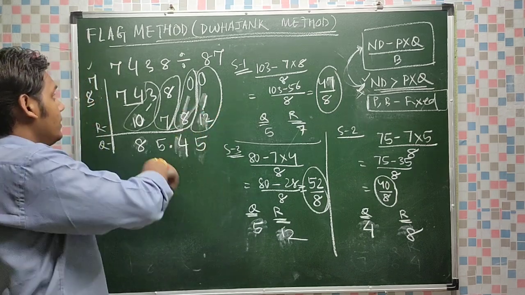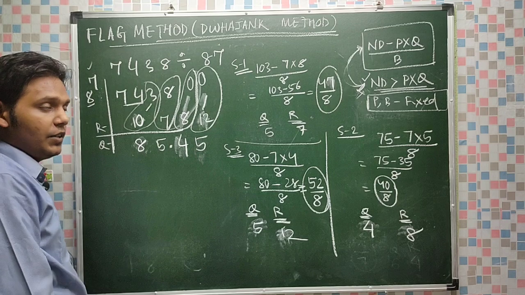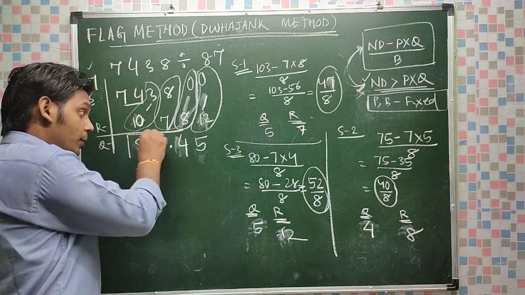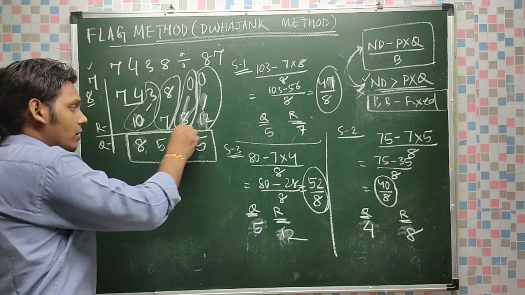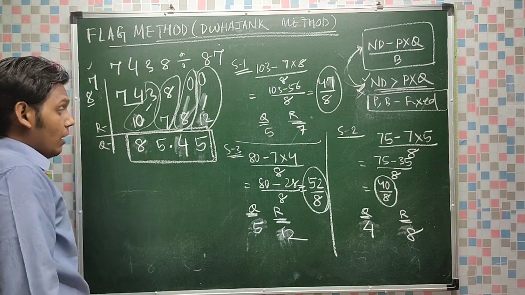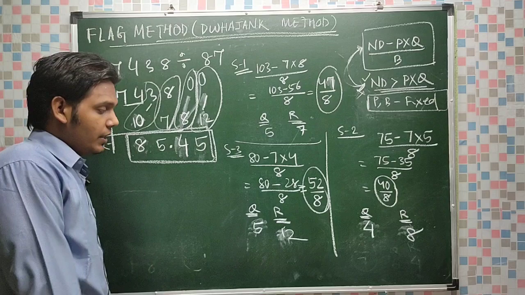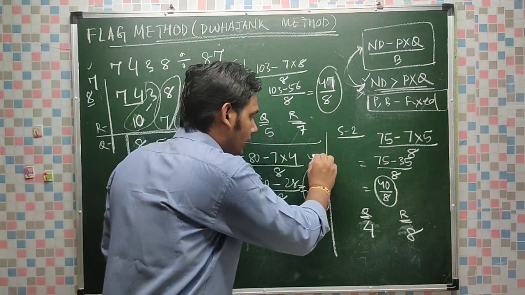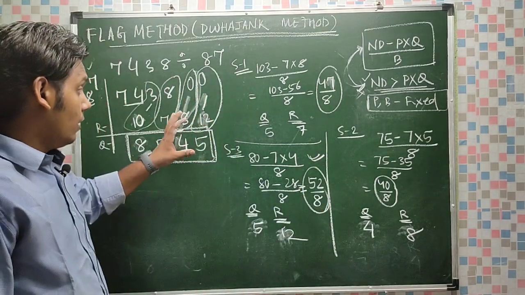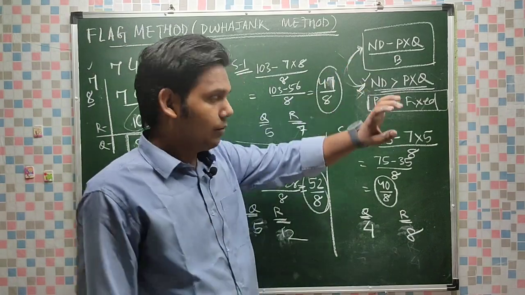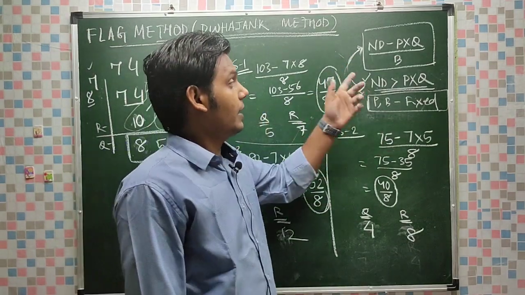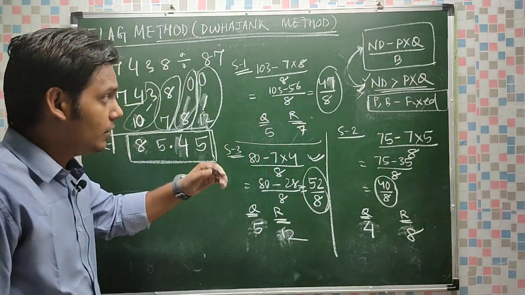Now 120 is greater than 7 into 5, 35. Your value is correct up to this much, 85.45. It is correct up to 2 decimal places. So always whenever you are getting a result, you have to check this condition, whether the new dividend is greater than the product of power and quotient or not.